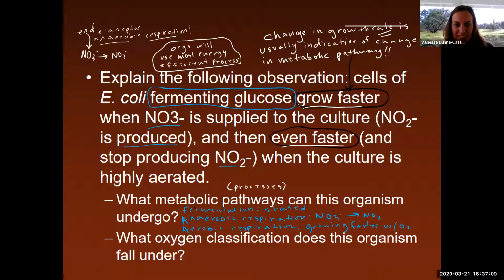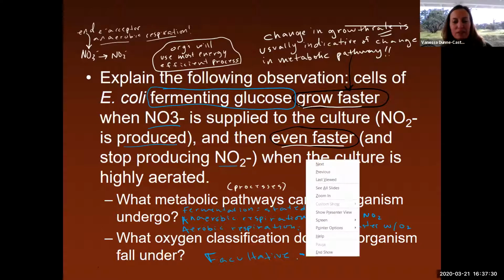So if they can undergo fermentation, anaerobic respiration, and aerobic respiration, if you go back to that table that we made from chapter 6 on oxygen classification, you should have figured out this is a facultative aerobe or anaerobe.